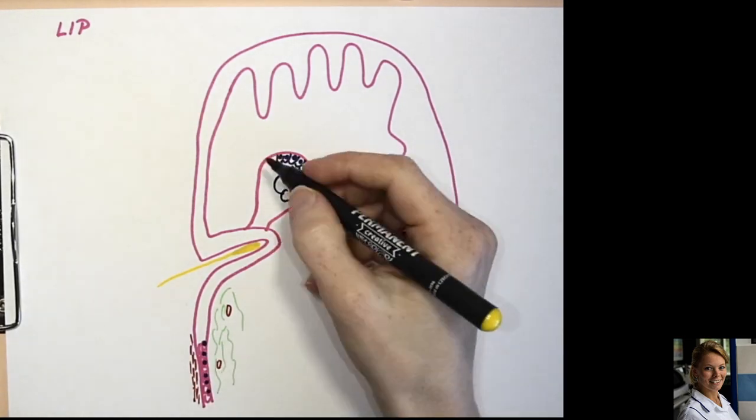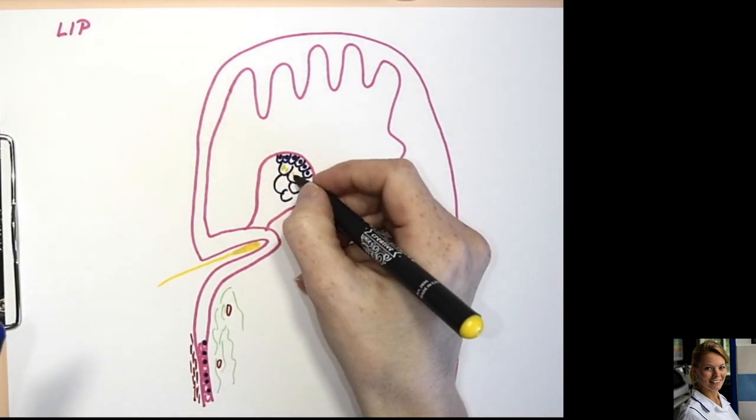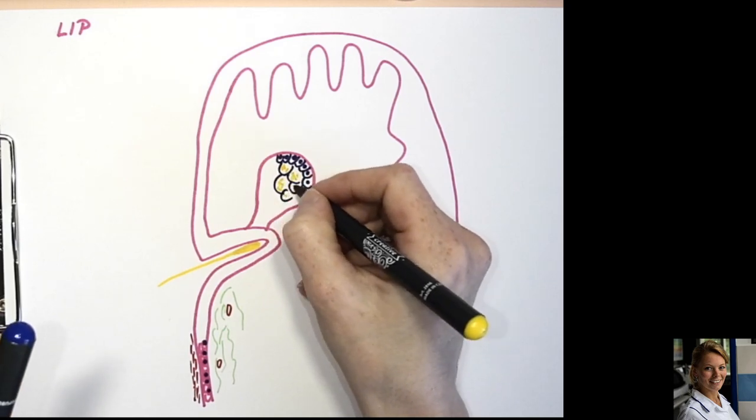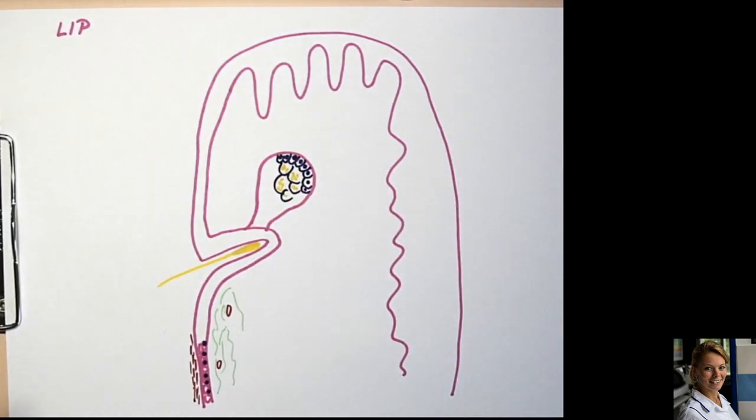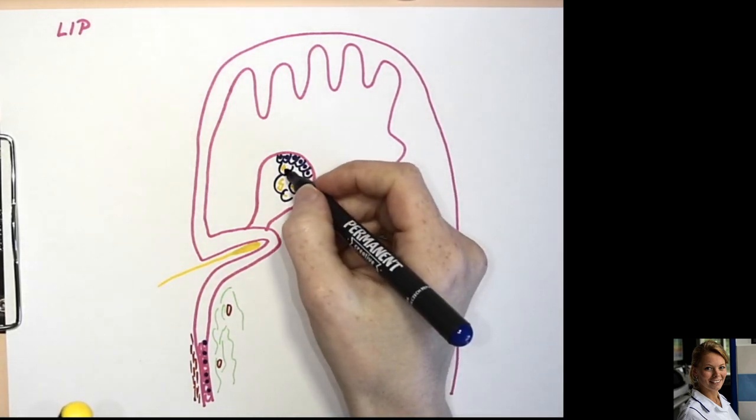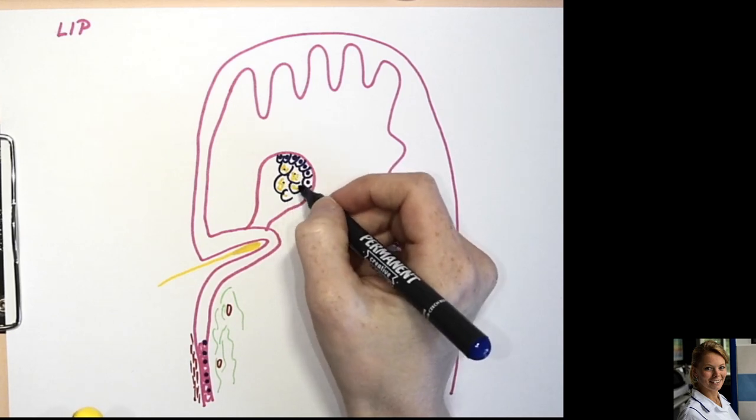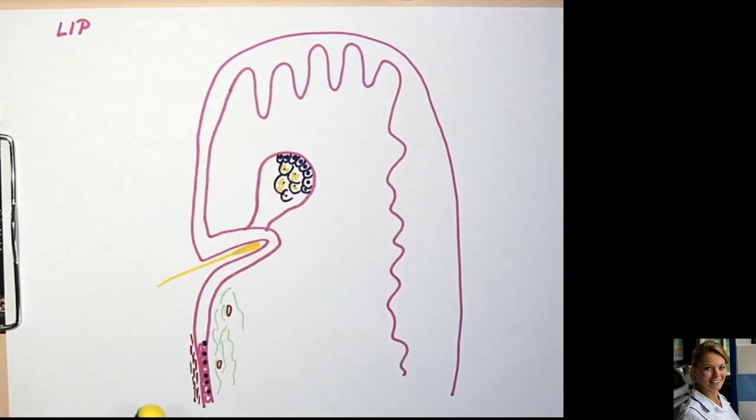This is holocrine type secretion. That means the cells which move into the center contain pyknotic nuclei, and these cells become the secretions. So this is the sebaceous gland.